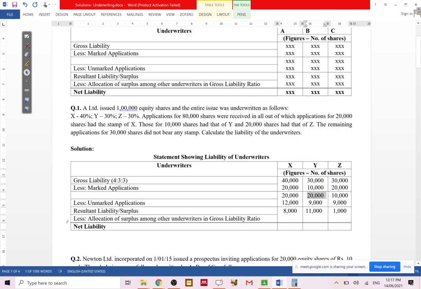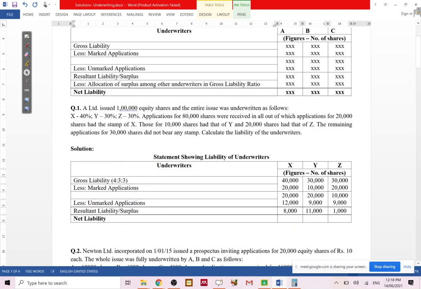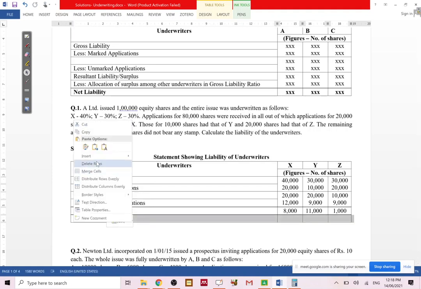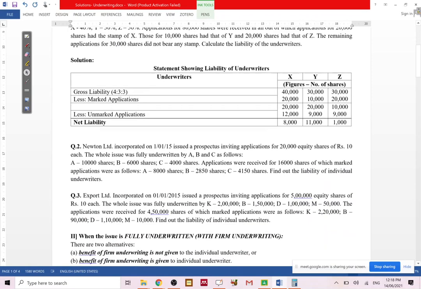So whenever there is a negative figure, there will be something called a surplus. In this case, we do not have the surplus as such. We directly have the net liability. So in this problem, this is the net liability. There is no surplus that needs to be further distributed. We'll see another problem where we'll have a surplus figure as well.